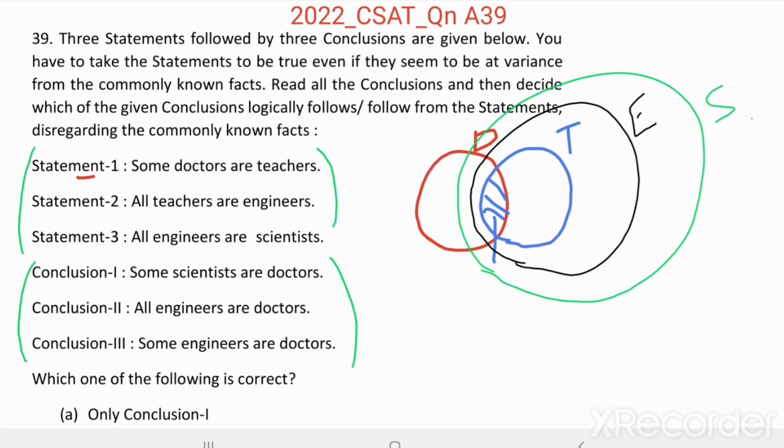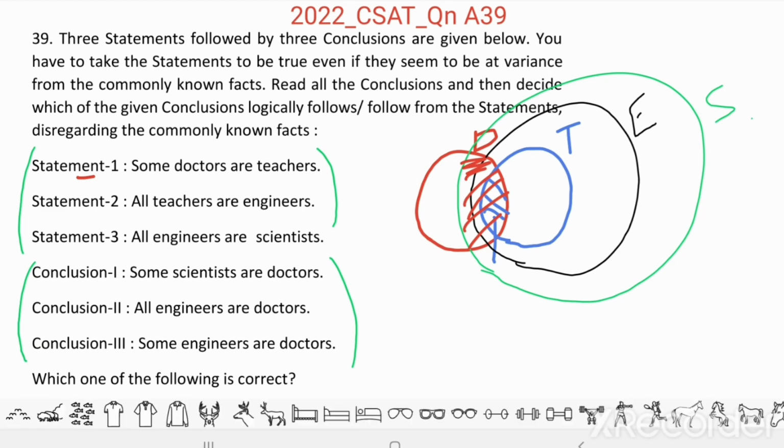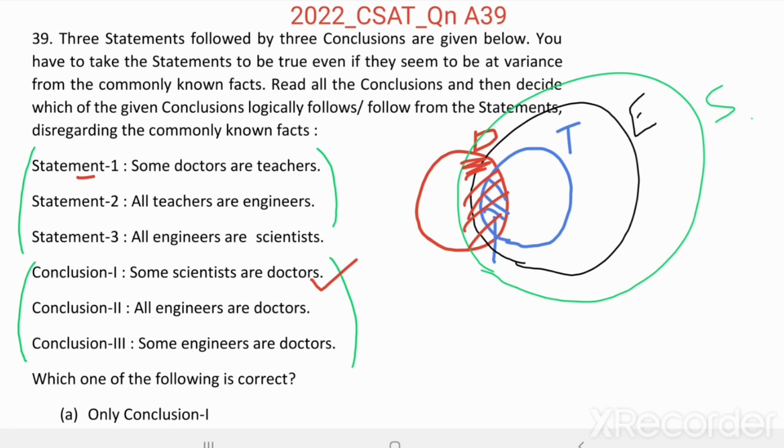Some scientists are doctors. Some doctors are teachers, and all teachers are scientists. Then we have a common area here. Some scientists are doctors. Conclusion 1 is correct.